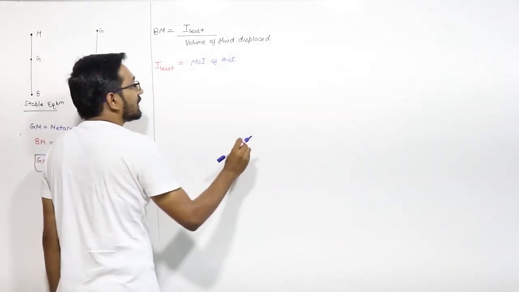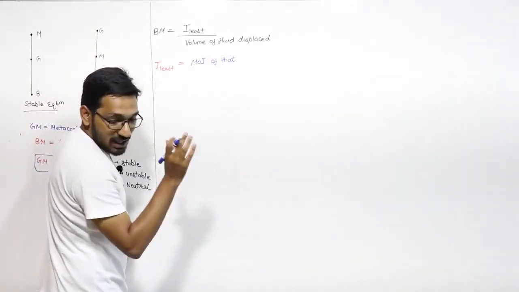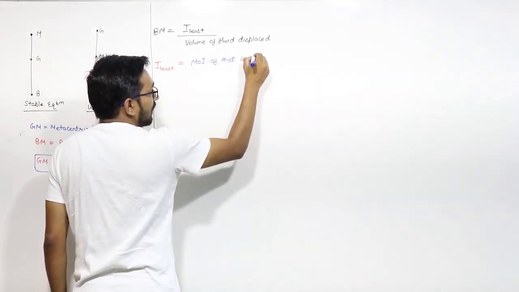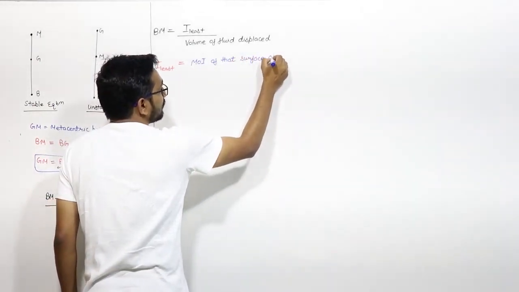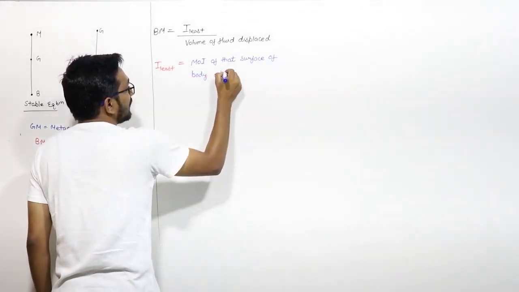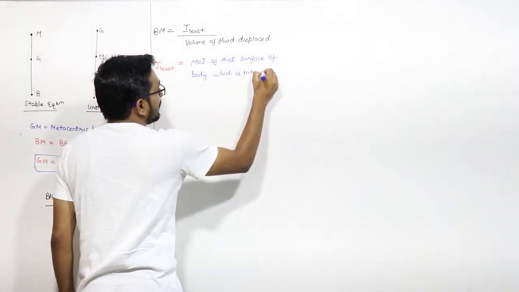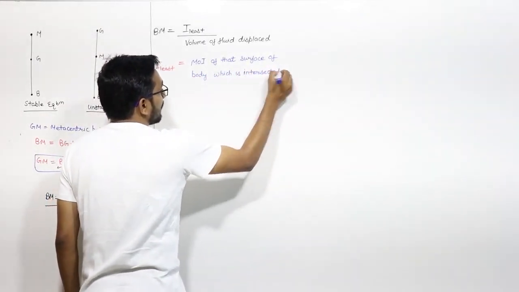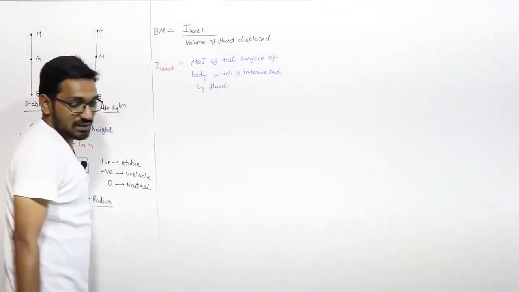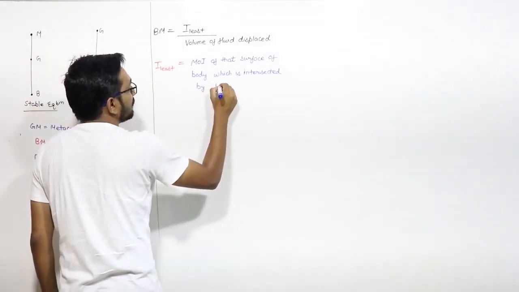This is most important: the least moment of inertia is the moment of inertia of that surface of the body which is intersected by the fluid, or you can say by the free surface.